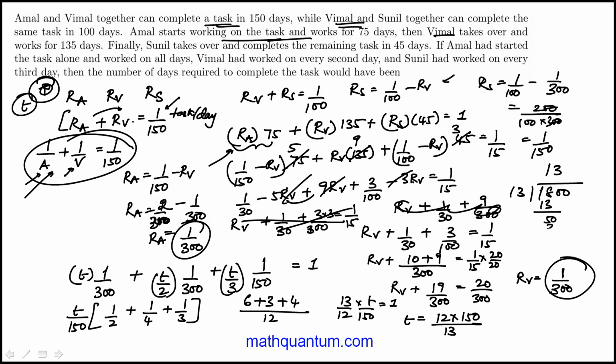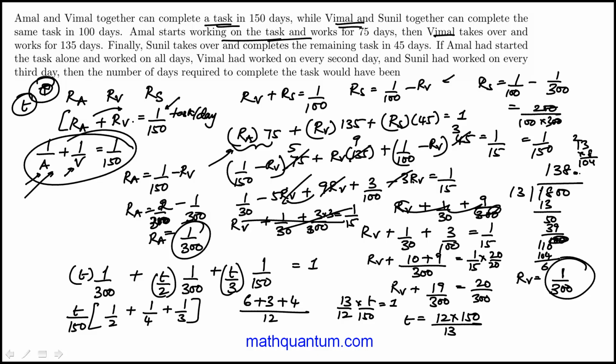13 times 3 is 39. And 13, let me just see if I'm doing it right. 13 times 8 is 104. And you'll see you'll have a remainder.